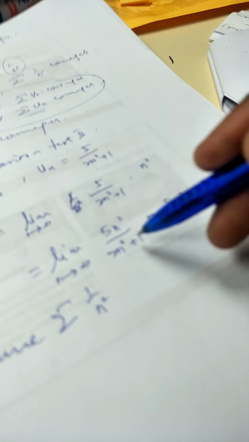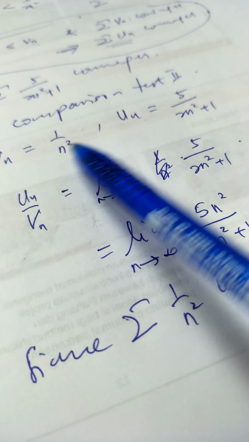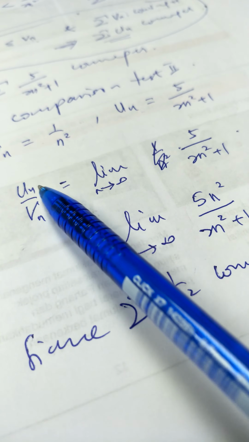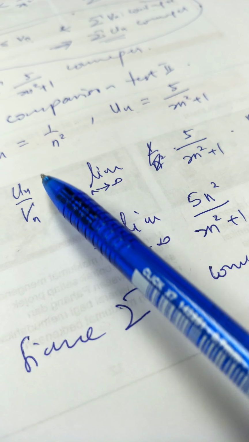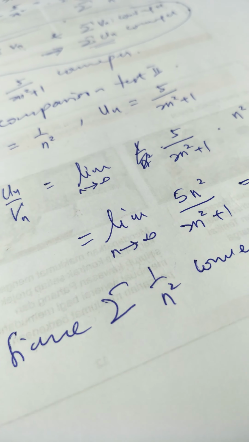Since 1 over n squared converges, for the second comparison test, if the limit of the ratio between un and vn is positive and one of them converges, then the other one also converges. If one diverges, then the other one also diverges.